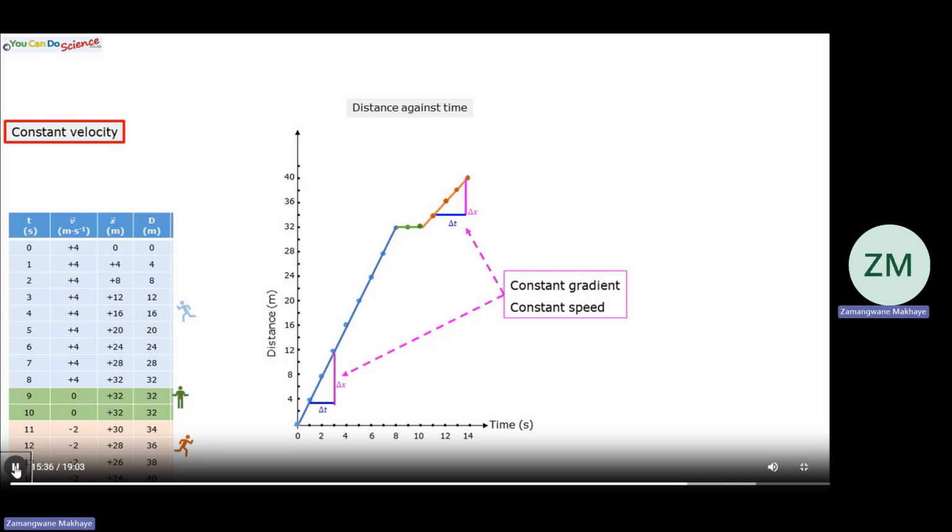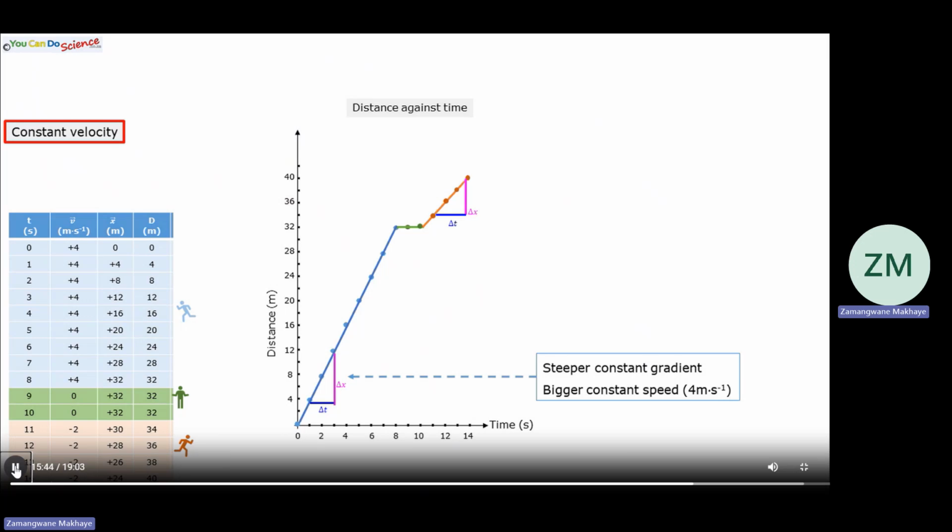Remember, if the speed is constant, it will have the same value as the average speed over that section. Note, the steeper the gradient of the graph, the bigger the constant speed between 2 points. The flatter the gradient of the graph, the smaller the constant speed between 2 points.